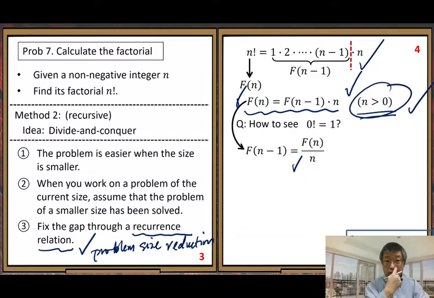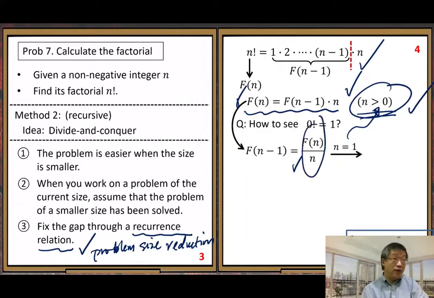After we get it, can we set n equals 1? Because n equals 1 is still n greater than 0, it is legal, so we can set n equals 1. We do not set n equals 0, because if n equals 0, this fraction is illegal.